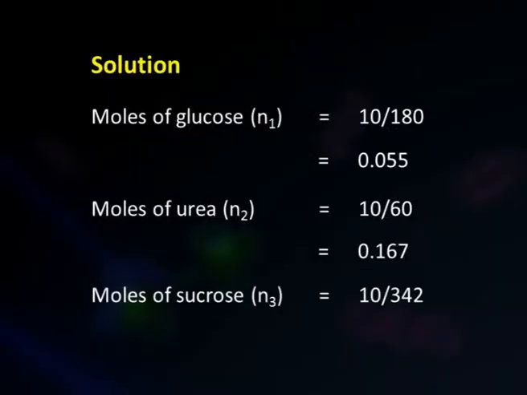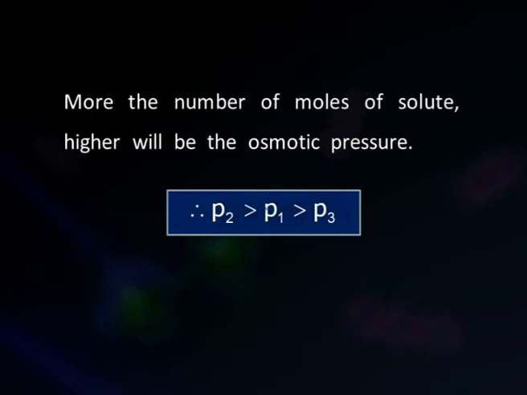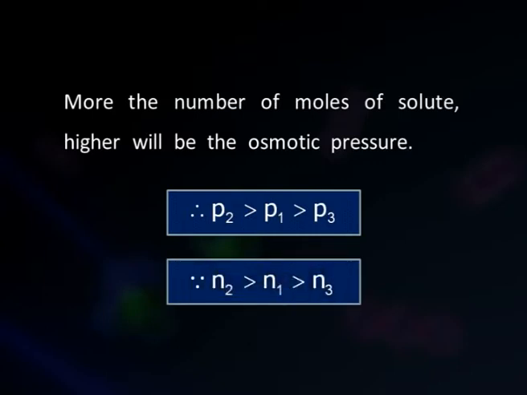The molecular mass of sucrose is 342, hence its number of moles is 10 upon 342, which is equal to 0.029. As osmotic pressure is directly proportional to the number of moles, therefore osmotic pressure will be in the order P2 greater than P1 greater than P3. It is because N2 is greater than N1, which is again greater than N3.